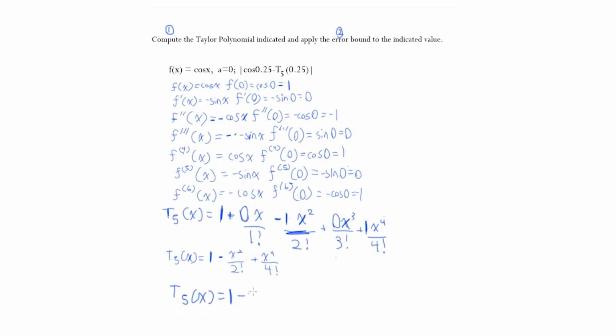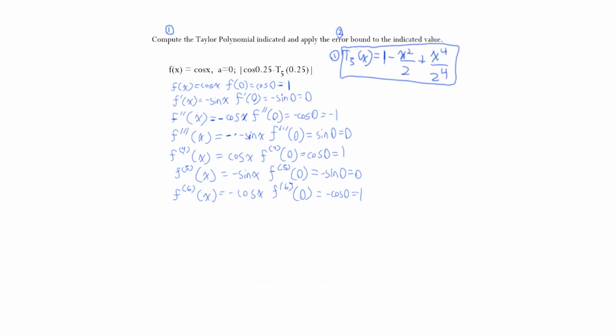So 1 minus x squared over 2, because it's 2 times 1, the 2 factorial, so it's just 2, plus x to the 4th power all over 4 by 3 by 2 by 1, which is 4, 3, 12, and then 12 by 2 is 24. So 4 factorial is equal to 24. And that is our final answer for part 1 when it's all simplified.